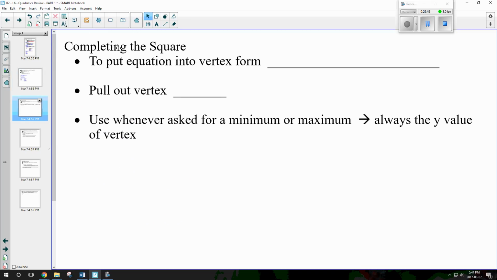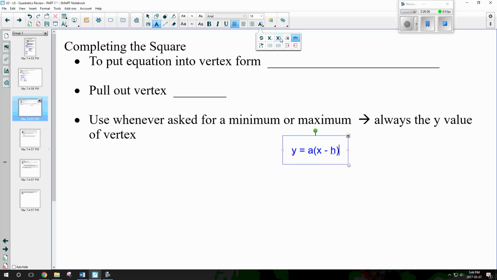Something else that we've looked at in this unit that we talked about yesterday was completing the square. Remember, we complete the square to put an equation into vertex form. And remember, our general vertex form is y equals a(x minus h) all squared plus k.